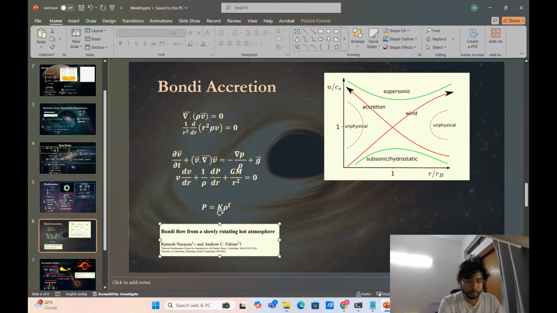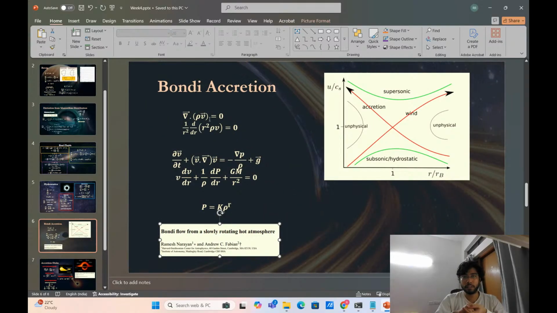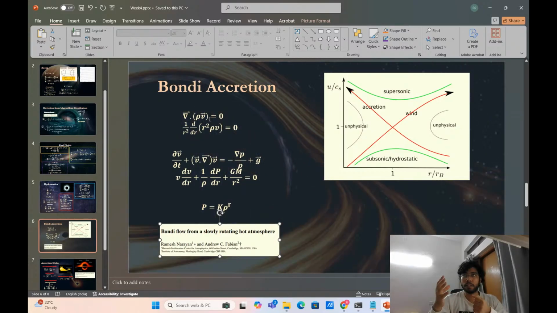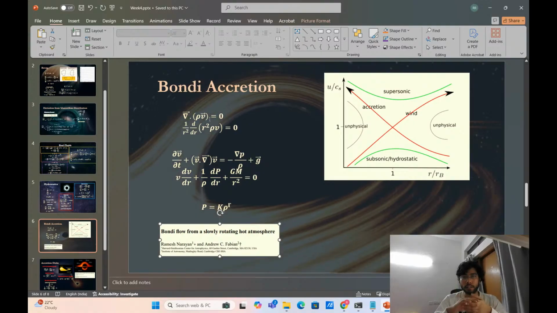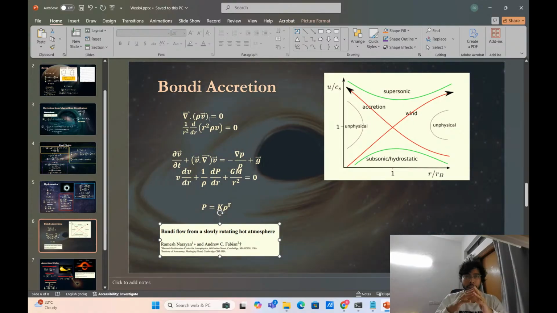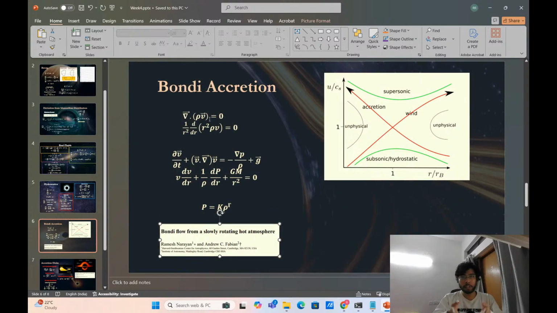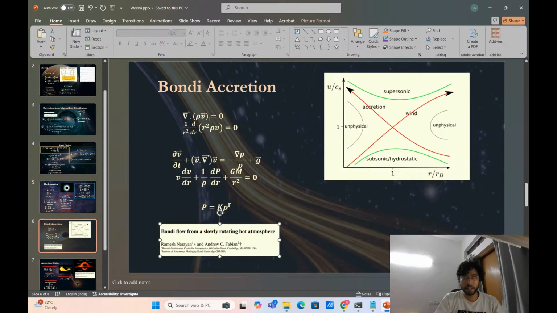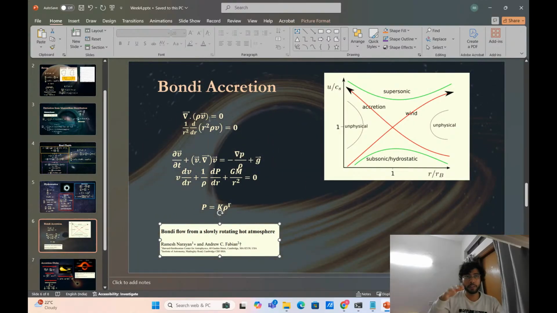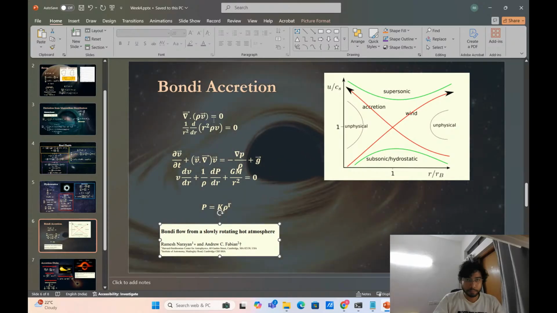It states that you have a black hole or let's say any compact object, and if you have some gas or some fluid around that object, it will fall into the object, and that fall will be radial in direction, so it will fall in a radially symmetric fashion, right? Because of the gravitational pull of that object, the gas will fall onto that object. So that is basically the Bondi accretion.